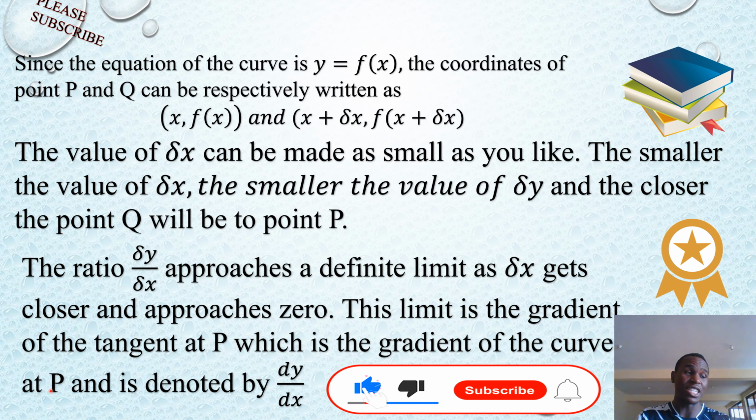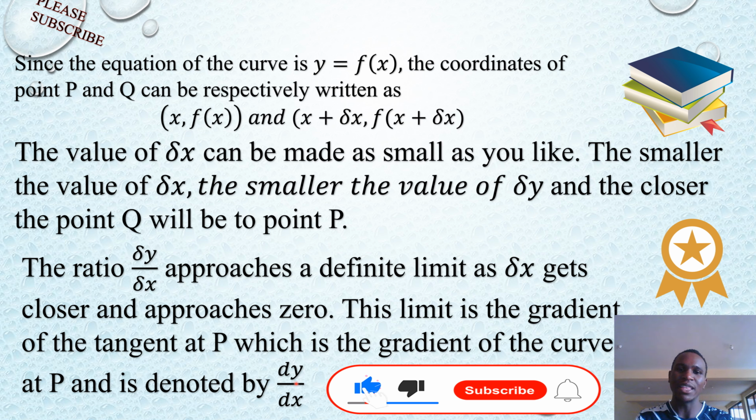Like I said, the gradient of the curve is evaluated at a point, unlike the gradient of a straight line, which is evaluated at 2 points. Okay, and this our gradient, as delta x gets smaller and smaller, is what is known as the derivative or the differential coefficient.